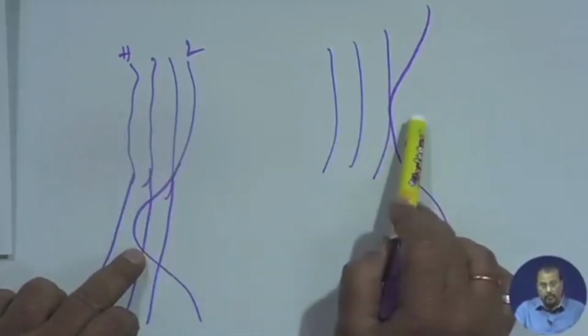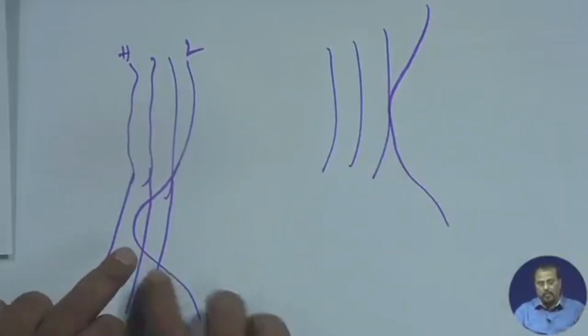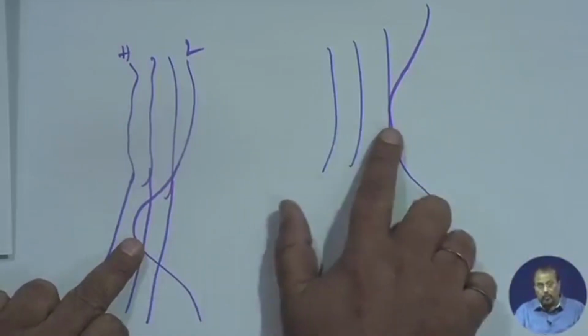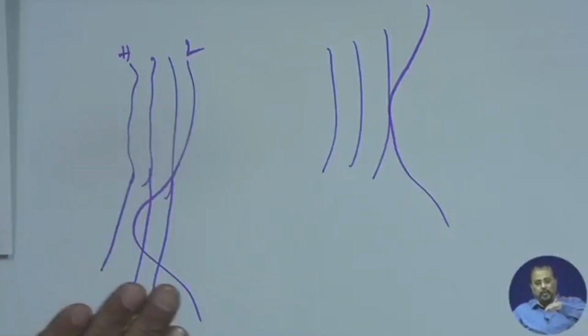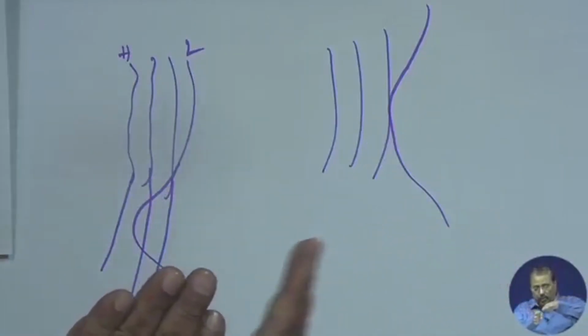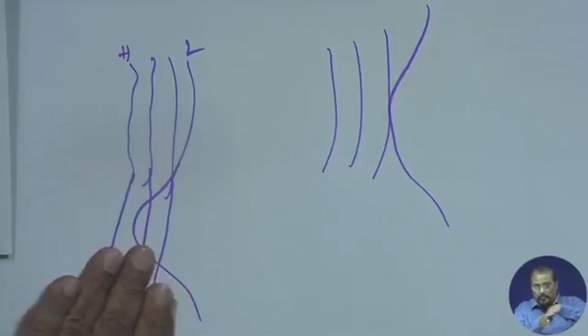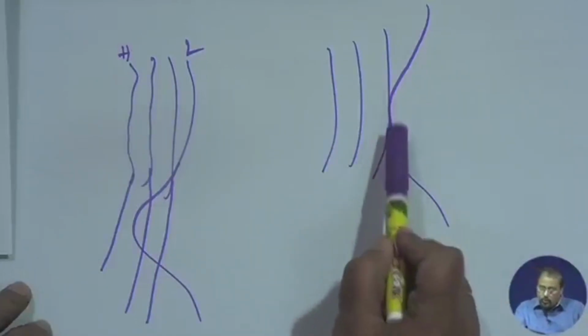But if it happens, and you see that it's not a mistake, then there must be some reason for which it has happened. When one contour level, then the next contour, comes here and merges with this, that means there is a verticality. So there is a drop from this particular level to the lower level.